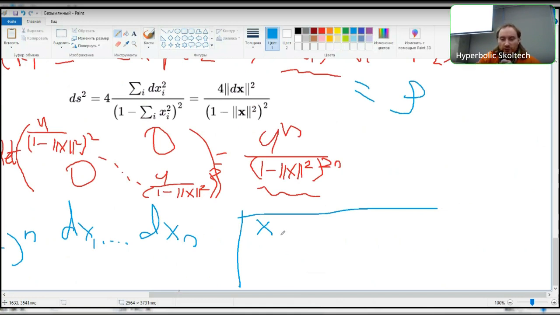So xi equals r multiplied by cosine psi 1 multiplied by cosine psi i minus 1 sine psi i. Right? Those are polar coordinates.